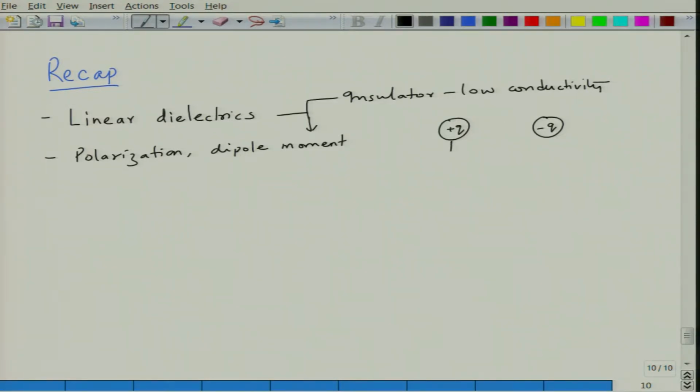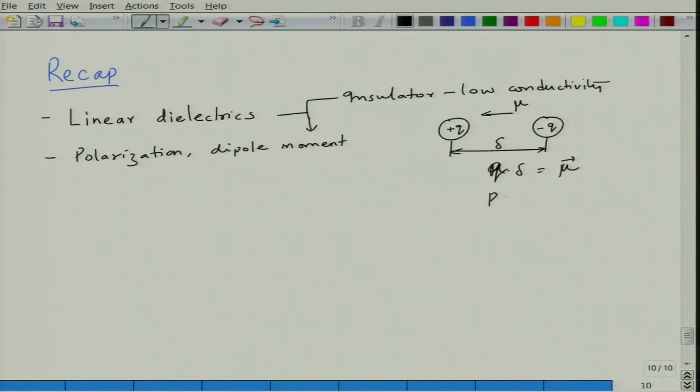When you separate them by a distance, let us say d or delta, then you develop a dipole moment, that is mu, and q dot delta is the mu vector that you get.